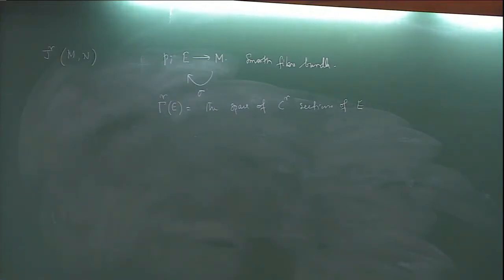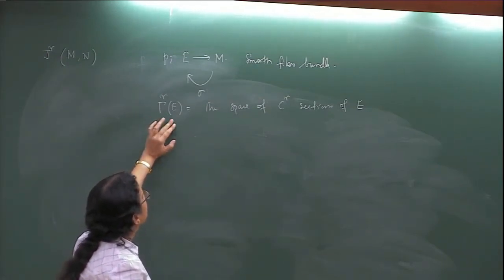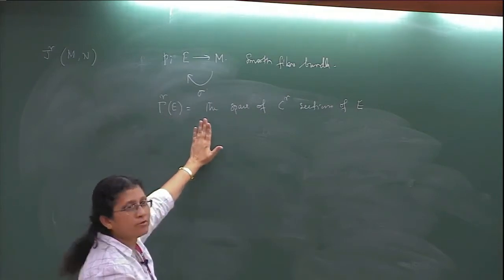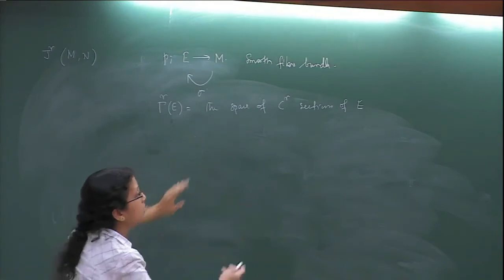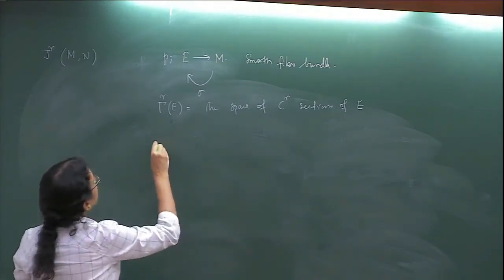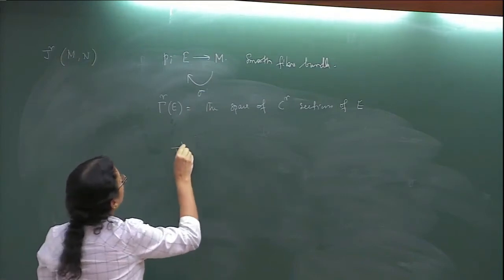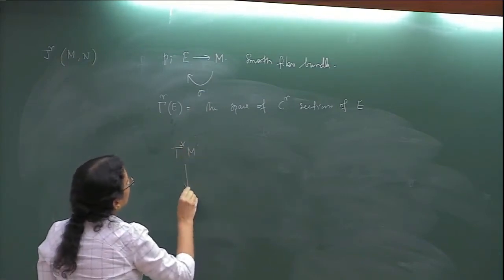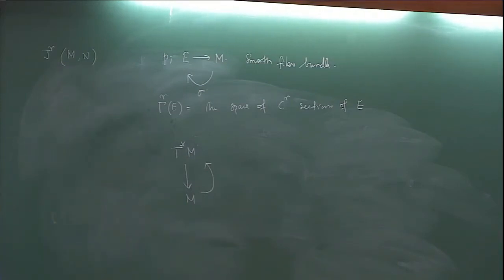So more generally, we will be considering differential relations for sections of a certain fiber bundle. We have already met them because we want to talk about contact forms. What are contact forms? Contact forms are, first of all, sections of the cotangent bundle.